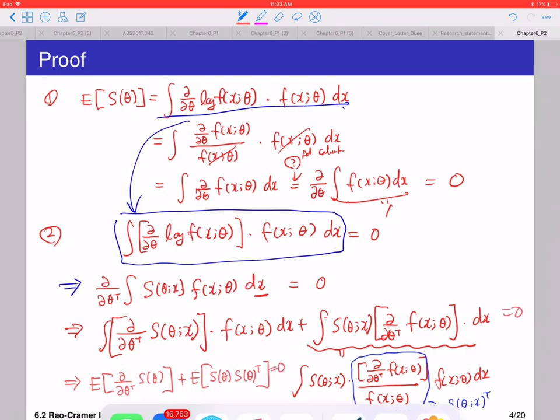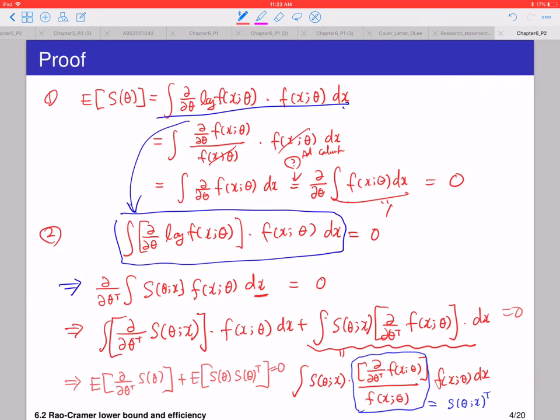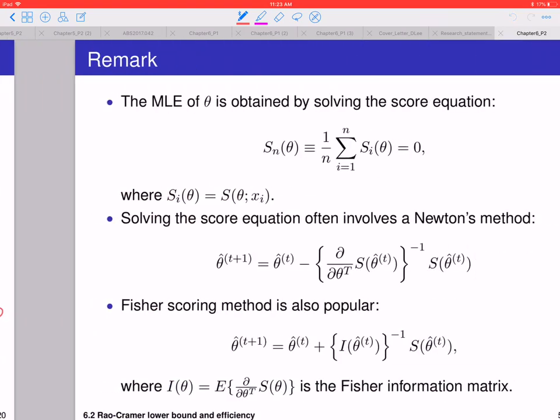Which proves this, because the definition of this is the expectation of minus the derivative of S theta transpose, right? That is the definition. So that proves the result.